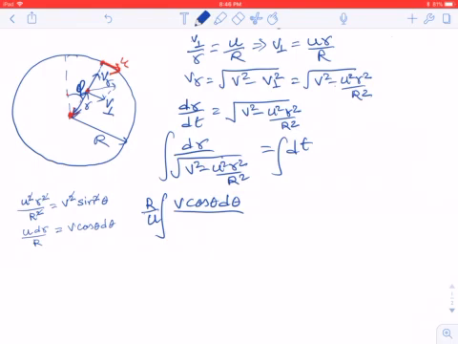You can write it as v cos theta again, isn't it? Because we have defined v sin theta this way, so this expression becomes v cos theta.